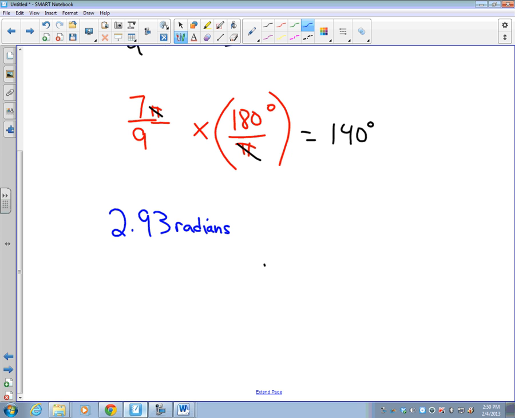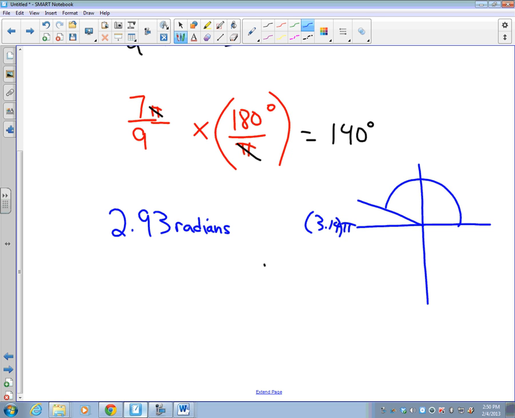Right? If I had to think about where that angle would be, it would be somewhere around here, because remember pi was here. So this would be 3.14. This angle is a little bit less than that, right? Does that make sense?